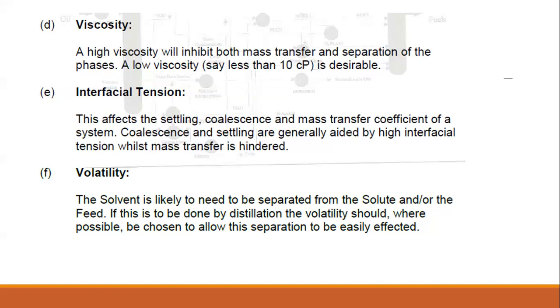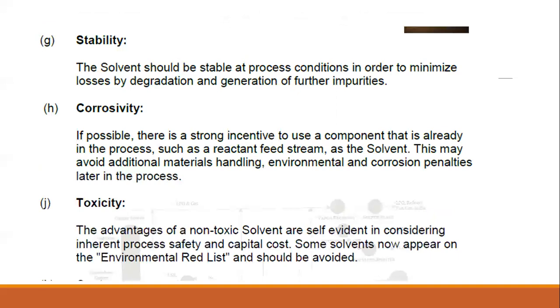If this is to be done by distillation, the volatility should, where possible, be chosen to allow the separation to be easily effected. If the solvent is too volatile, it affects your separation, because you need your solvent to be there, but if it gets evaporated, then you cannot get your desired extraction.